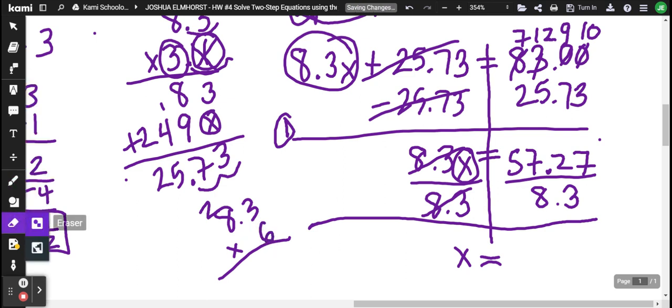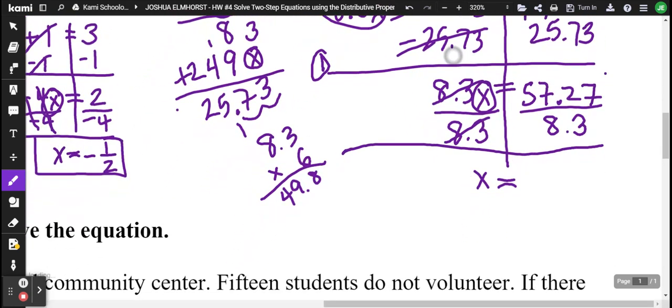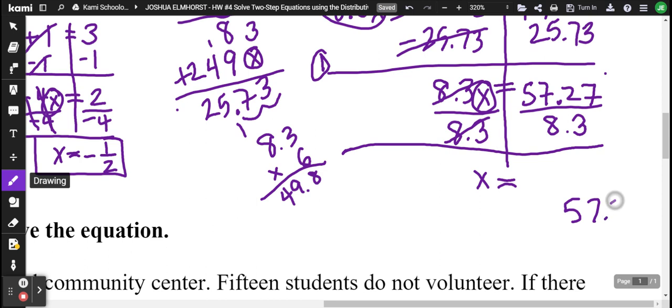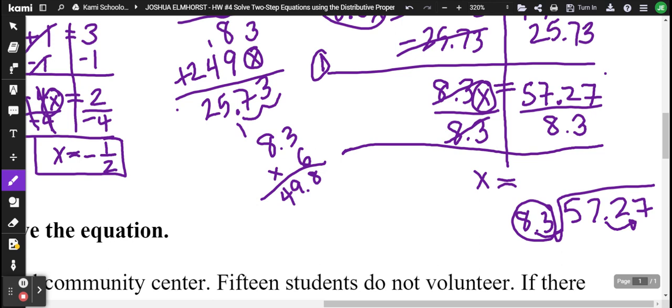So let's check this. 6 times 3 is going to be 18. 6 times 8 is 48 plus 1 is 49. We do 57.27 divided by 8.3. So we move the decimal over to create a whole number on the outside, and then we move it over one spot on the inside as well.